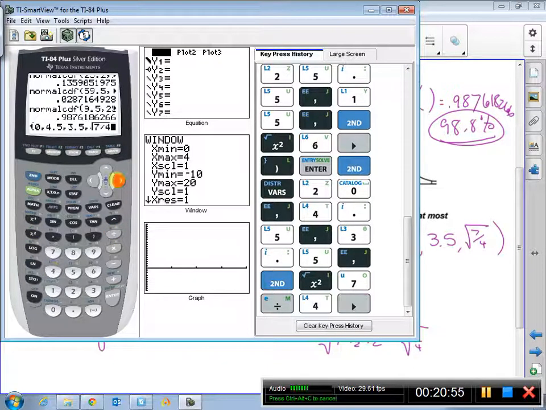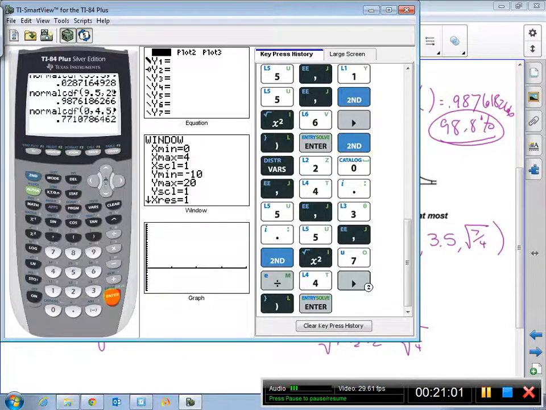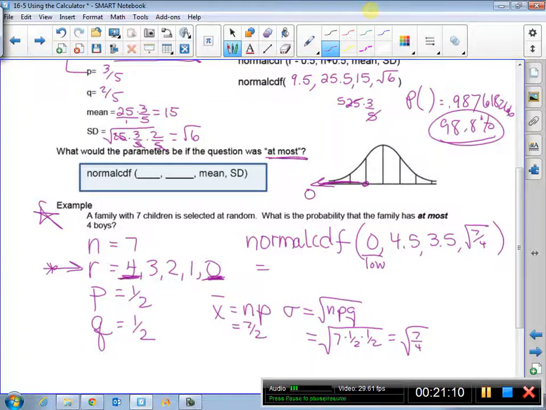Let's pop out of that square root, pop out of the normal CDF, and we've got our probability, about 77%. I'll do abouts here. All right, that's it. You never know if you're going to get one of these, but it's kind of handy to do.